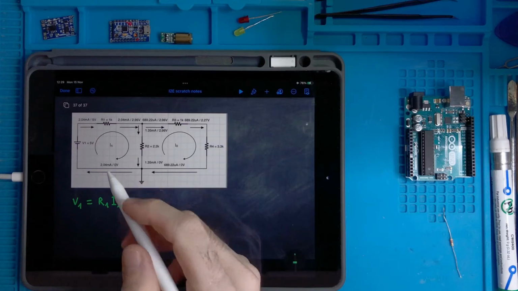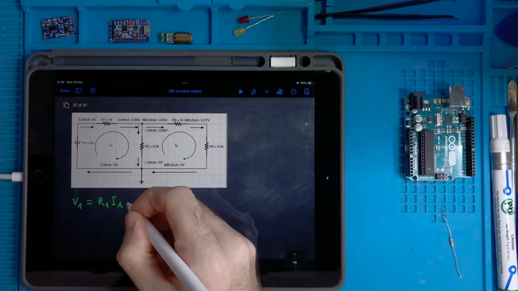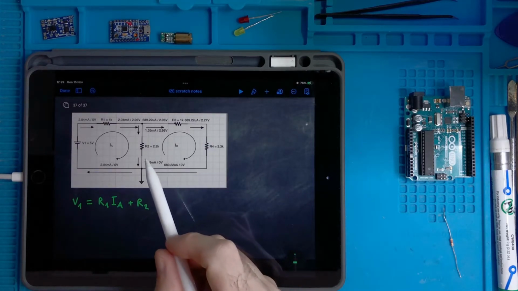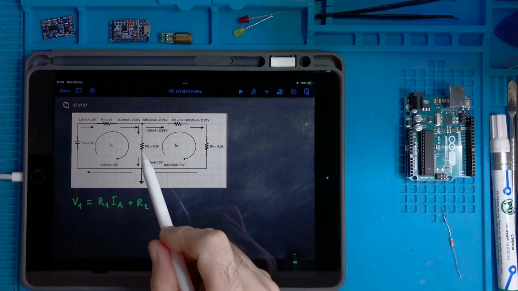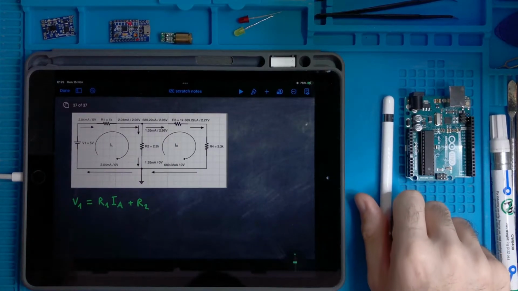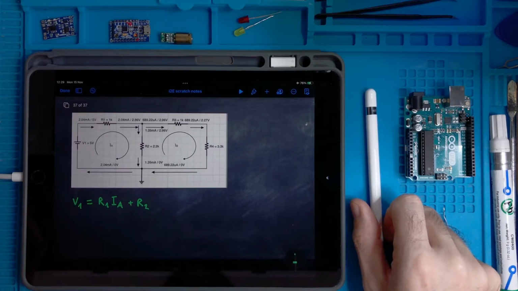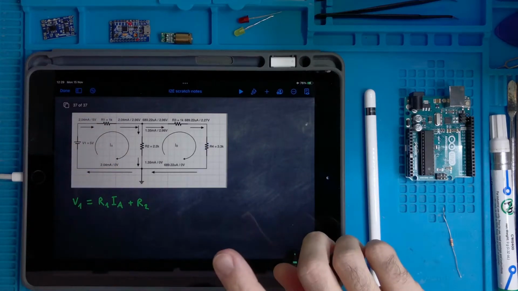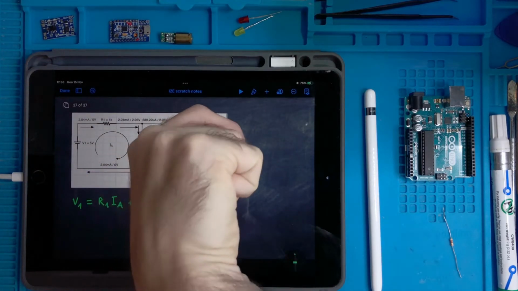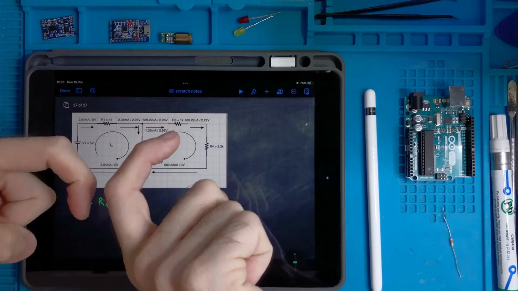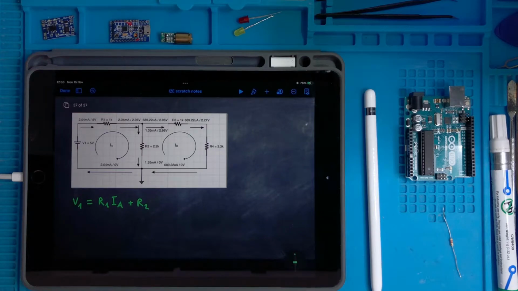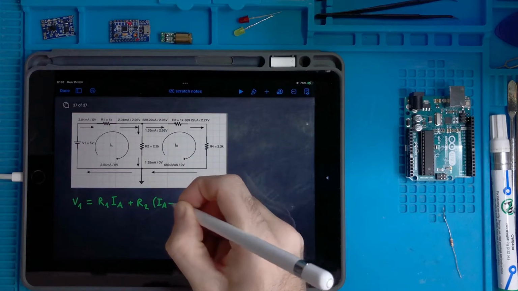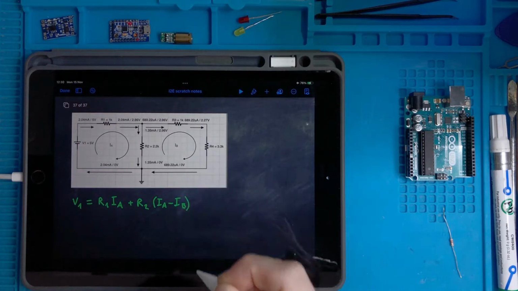This is Ohm's law applied to the R1 resistor, plus R2 multiplied by the current flowing inside R2. That current has 2 contributions, one from IA doing this and the other from IB doing this. So they are one against each other. So I write IA minus IB.